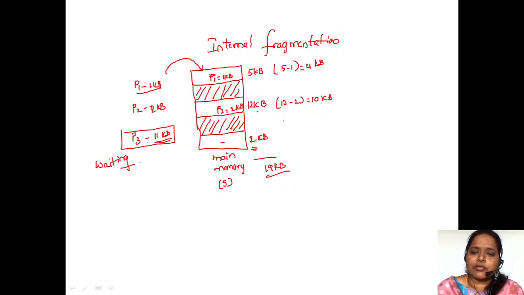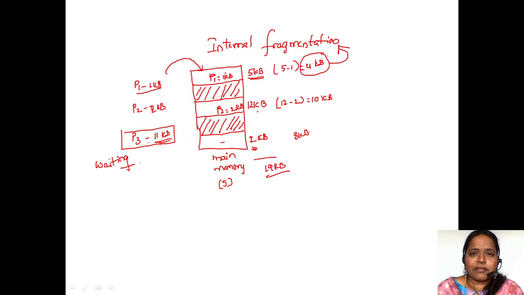So what I mean to say is internal fragmentation: in place of 5 KB we are using only 1 KB, so this 4 KB we call internal fragmentation. Internally left over fragments are nothing but leftover spaces.